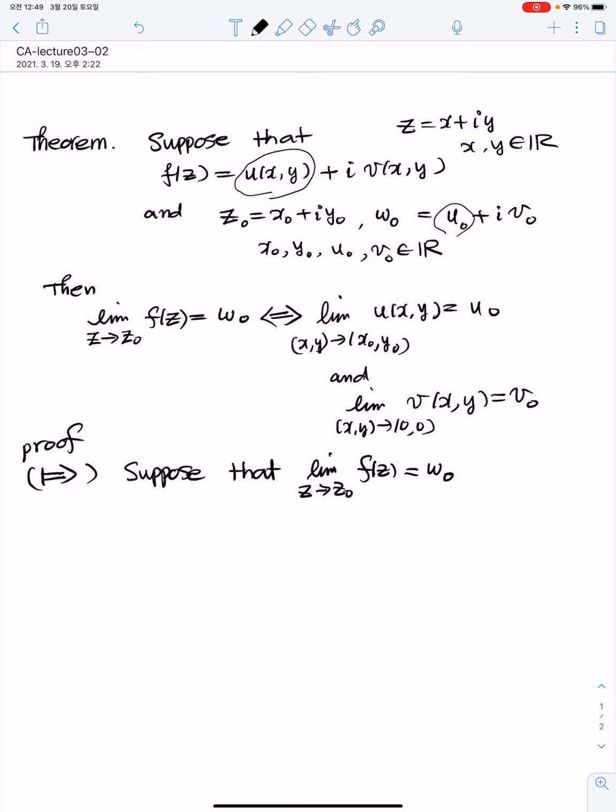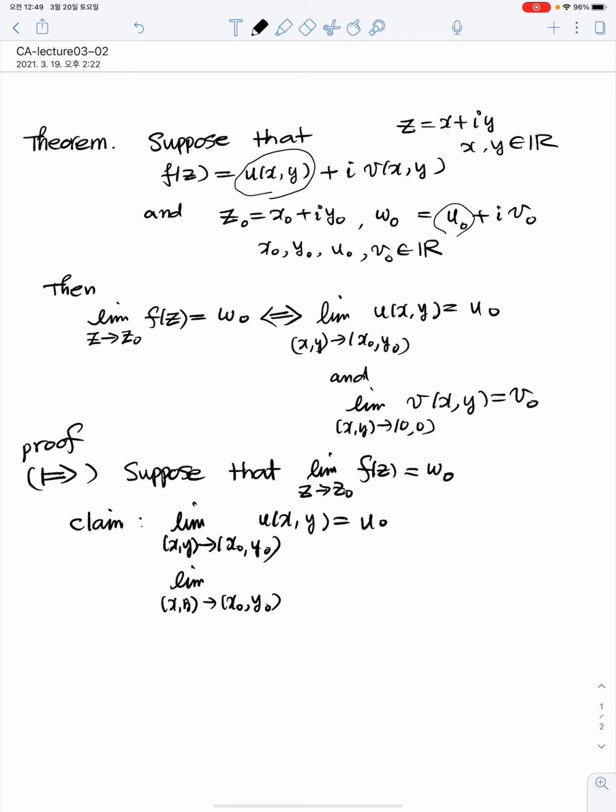By the way, I will claim, so we need to show this one: the limit as (x, y) approaches (x0, y0) of u(x, y) equals u0, and the limit as (x, y) approaches (x0, y0) of v(x, y) converges to v0.